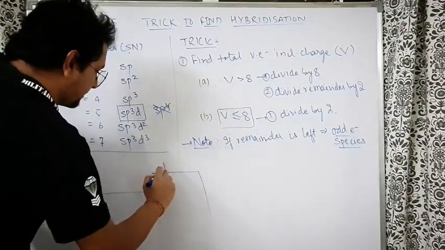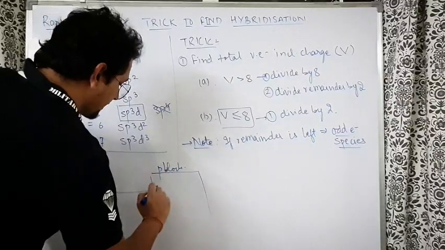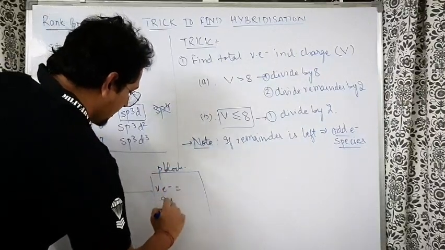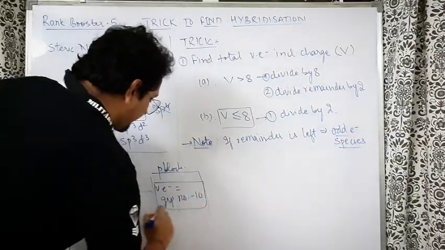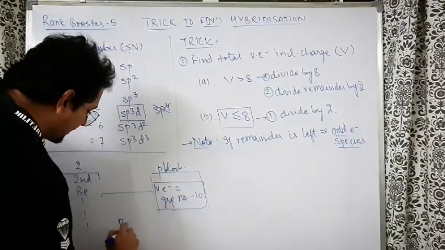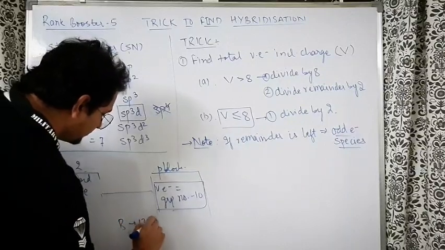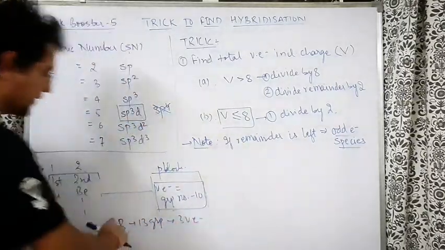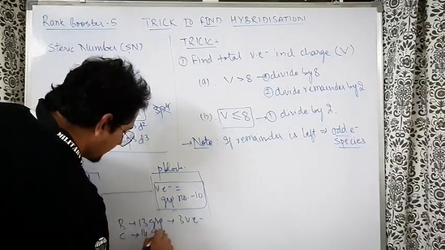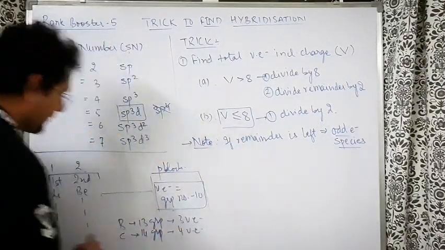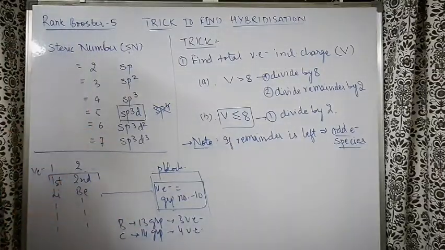For the P block the trick is pretty simple: valence electrons equal group number minus 10. For example, for the 13th group, the boron family, there are 3 valence electrons, or simply take the unit place. For the carbon family, 14th group, there are 4 valence electrons. For the nitrogen family, 15th group, 5 valence electrons.